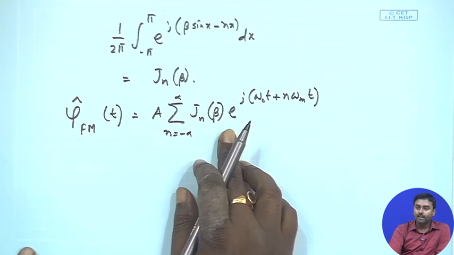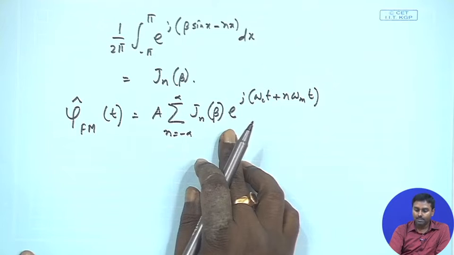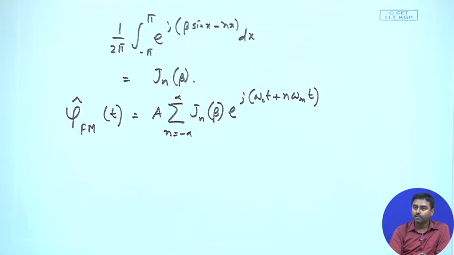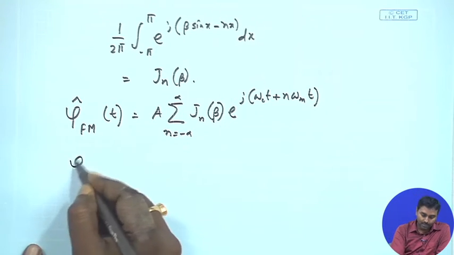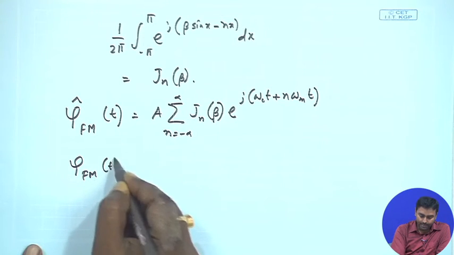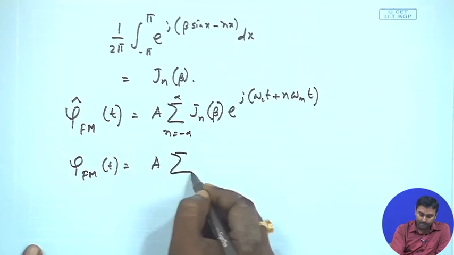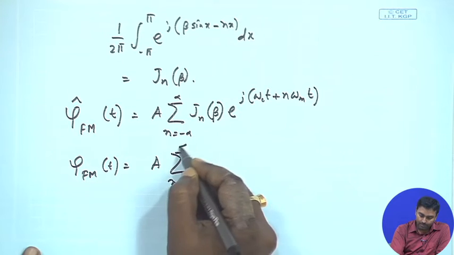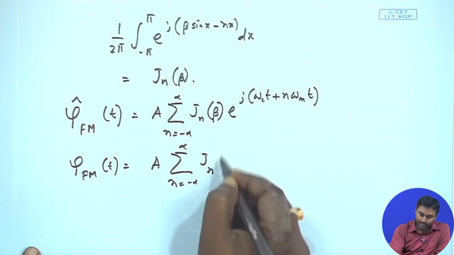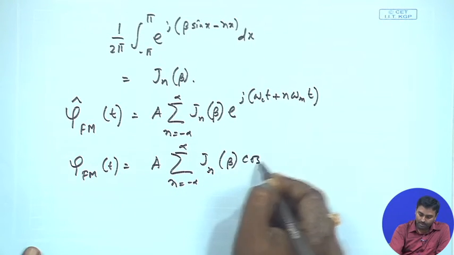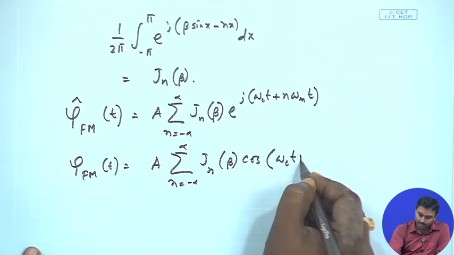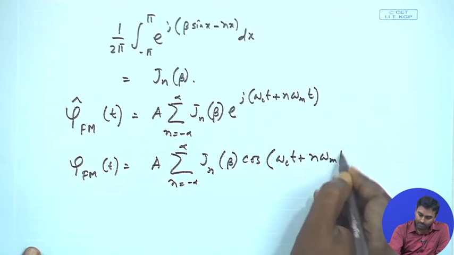Immediately I should take the real part of it. So, I will be getting just the cosine component of all of these things. So, phi_FM(t) I can write as a summation, n equals minus infinity to plus infinity, J_n(beta) cosine of (omega_c t plus n omega_m t).